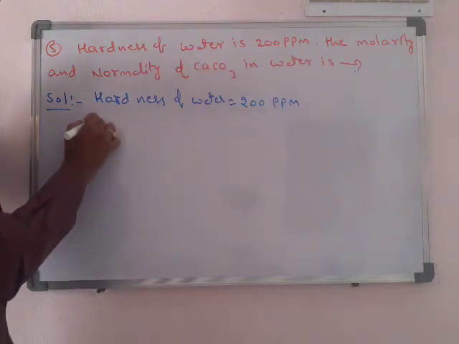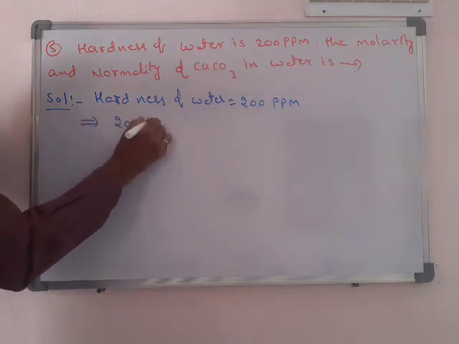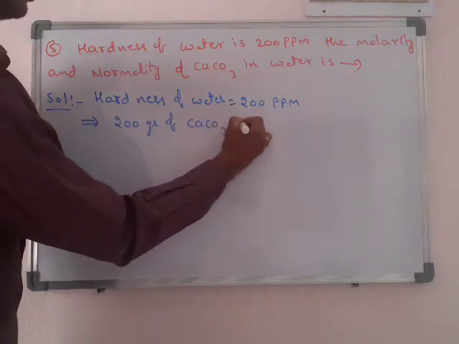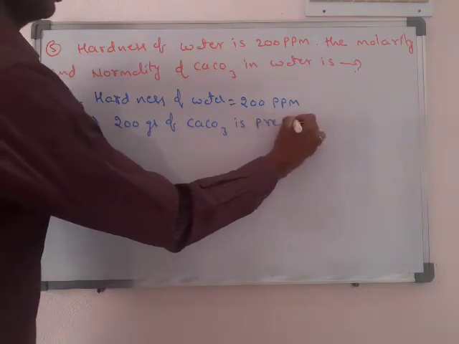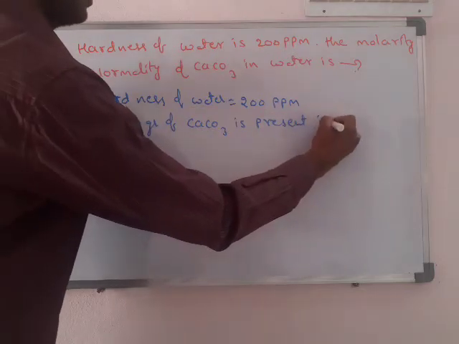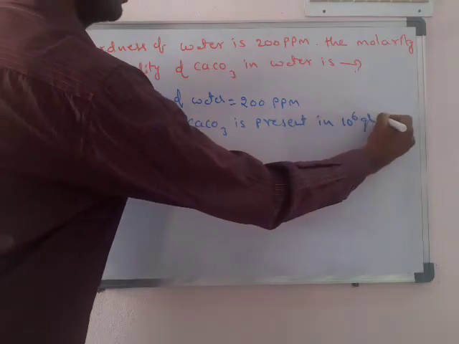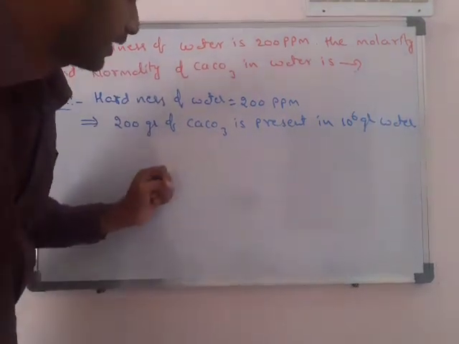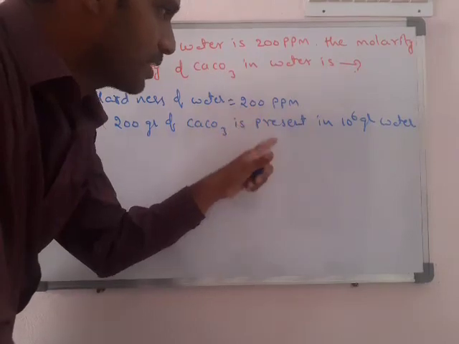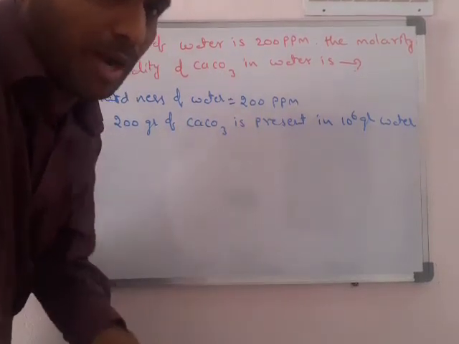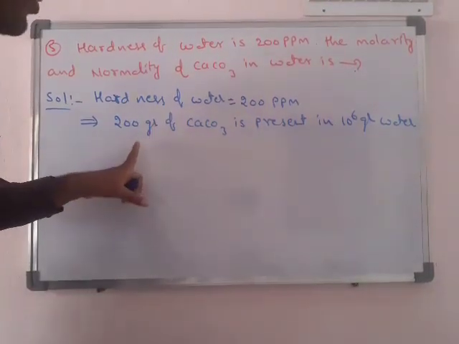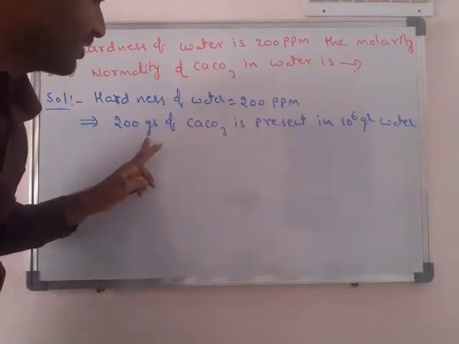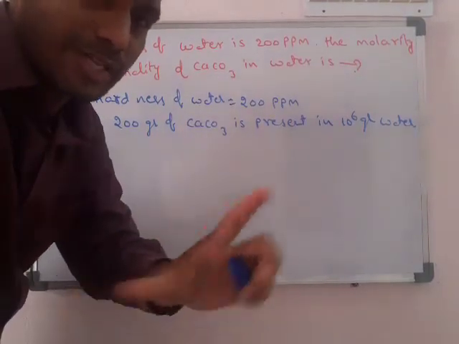It implies that 200 grams of calcium carbonate is present, dissolved in 10⁶ grams of water. That is the meaning of hardness in ppm: this many grams are present in a million parts. So 200 grams of CaCO3 in 10⁶ grams of water. That's why it is given as 200 ppm.